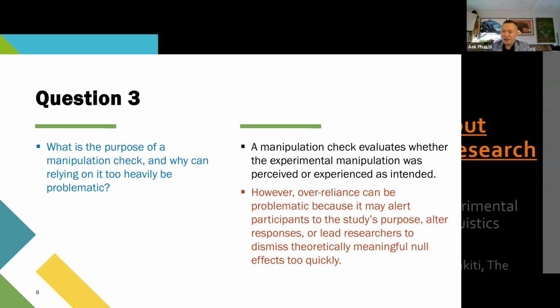We don't want to do manipulation like this and that with people because it's abuse, right? But in experimental research, we need to do that because we want to make sure that the condition we're interested in is actually controlled. And then therefore, we can test the difference in the outcome later.